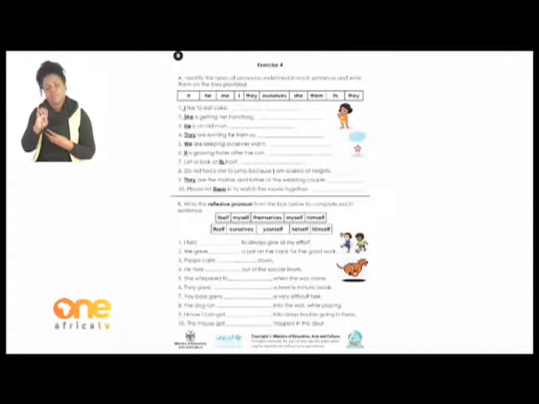The instruction says, write the reflexive pronoun from the box below to complete each sentence. Now, the examples of reflexive pronoun are written in those small boxes that you see there. Number 1, I told to always give all my effort. So now you are going to fill in the blank spaces where I say da da da da, the type of reflexive pronoun.